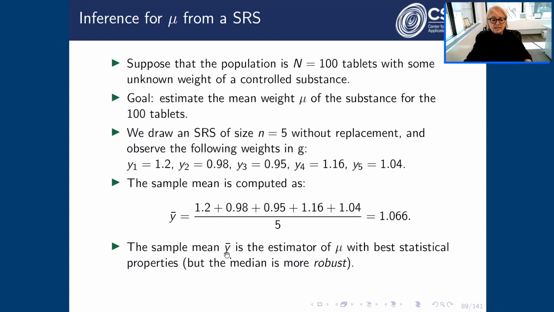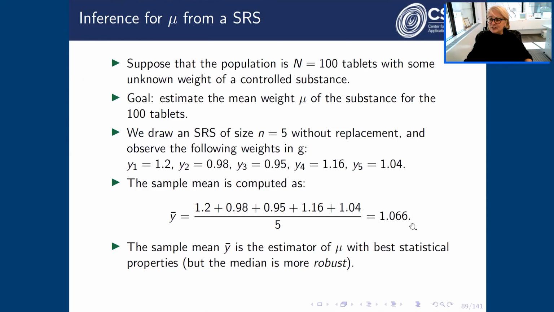There are many other estimators I could have used. I could have said, I'm going to guess that the value of mu is 1. That's another estimator, but it's not a very good one unless you get crazy lucky; it doesn't have any good statistical properties. Another estimator might be the median of all these values instead of the mean.